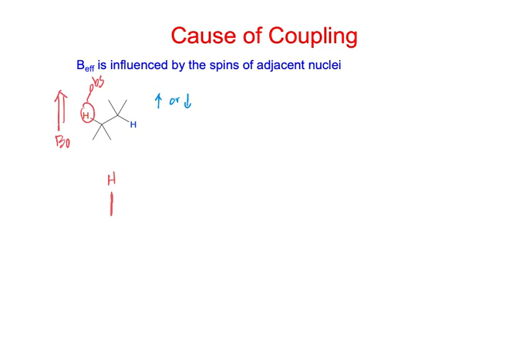Now, half of it is going to be influenced by this proton that's aligned with the magnetic field. So this one over here essentially has the B0 with the spin from the adjacent proton added to it, and this is going to increase the B effective, essentially.